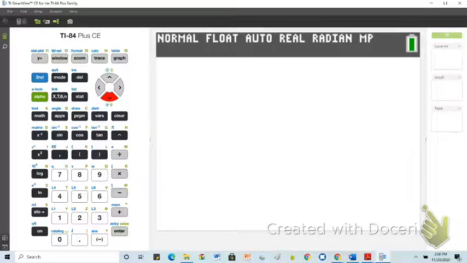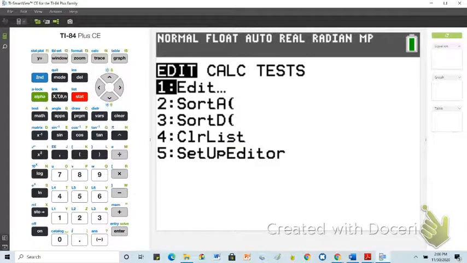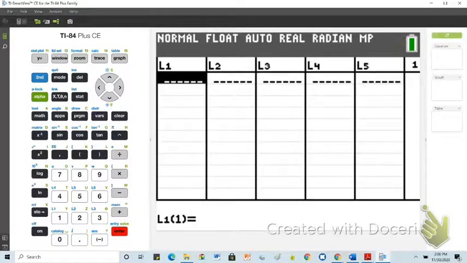So for my box and whisker plots, I'm going to start out the exact same way. I'm going to go to Stat, Enter on Edit, and I'm going to type my data into list 1.